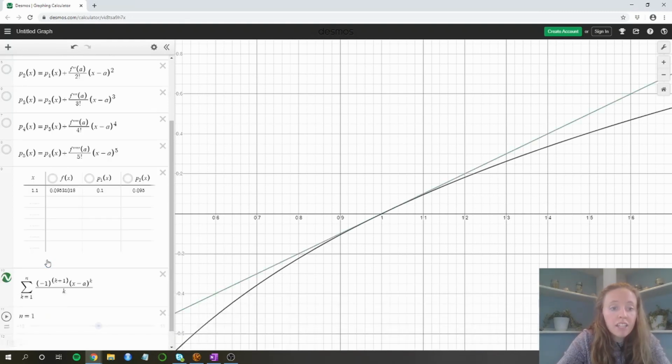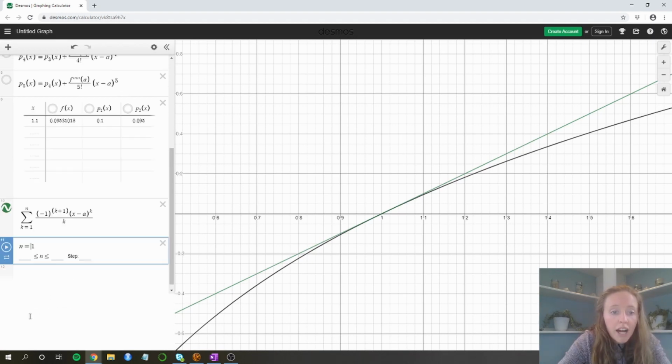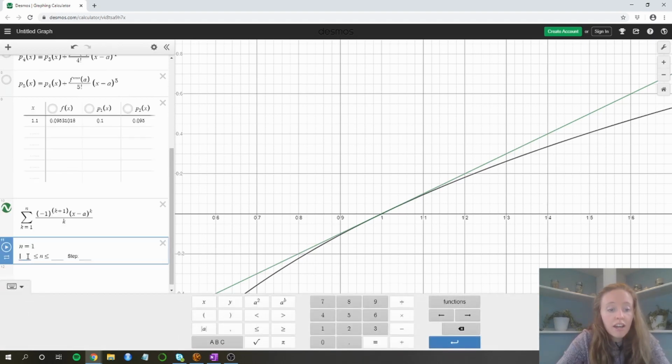Now I'm going to add my slider in, because what I went from is we started at a first degree approximation and we went all the way up to a fifth degree approximation. So I'll go ahead and step this through.